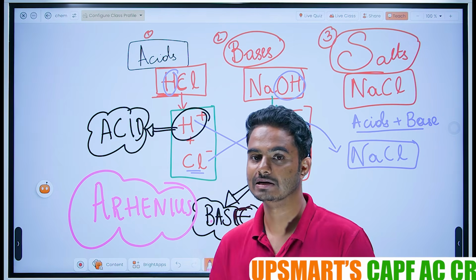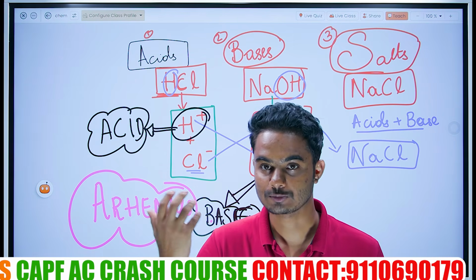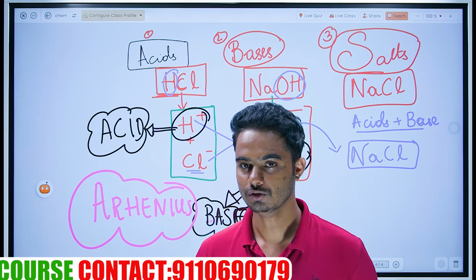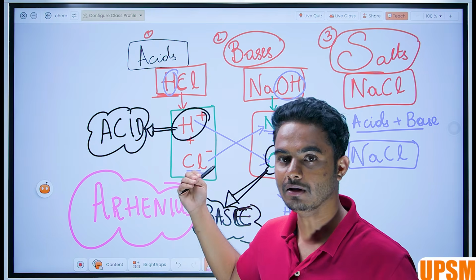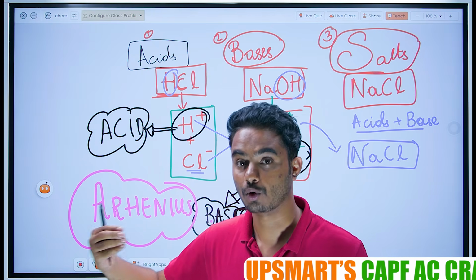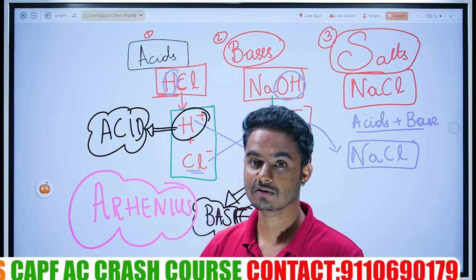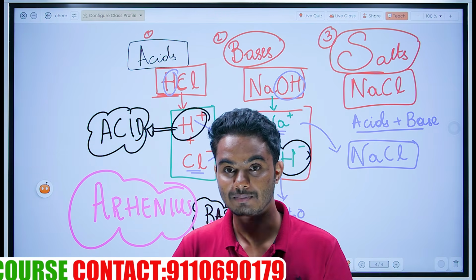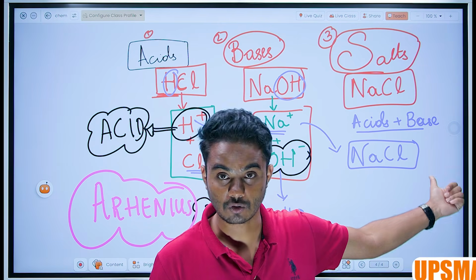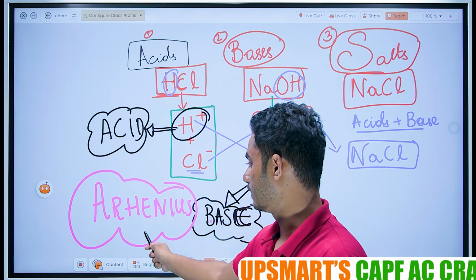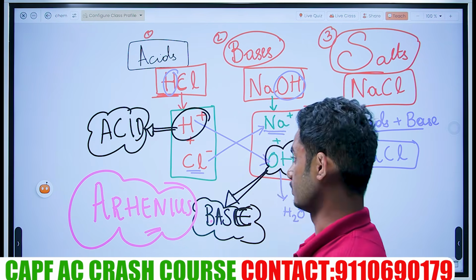When OH- is released, it is called a base. This observation was made and the theory was put forward by Arrhenius. Understood? Easy. We can take an example, see how it reacts with water, and if it releases H+, it is called an acid. If it releases OH-, it is called a base. If both acid and base meet each other, what it produces is called salt, and this observation was done by Arrhenius. Easy.